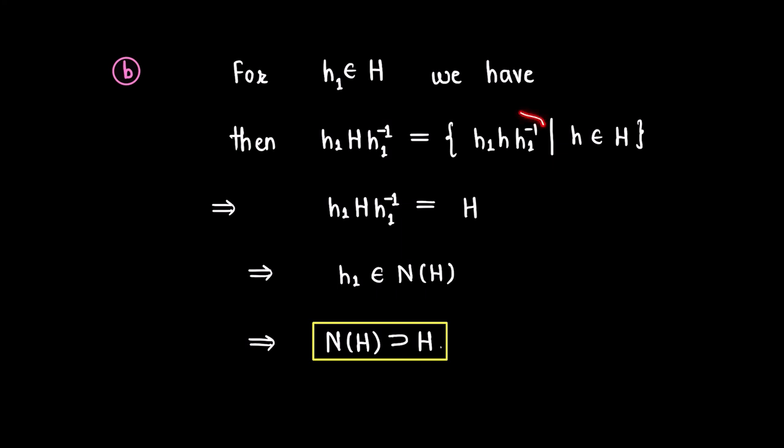So each of these will be some element, say h2, in H. So this set is clearly within subgroup H, and thus we have h1Hh1⁻¹ equal to subgroup H, and so by definition of N(H), h1 will be a member of N(H).